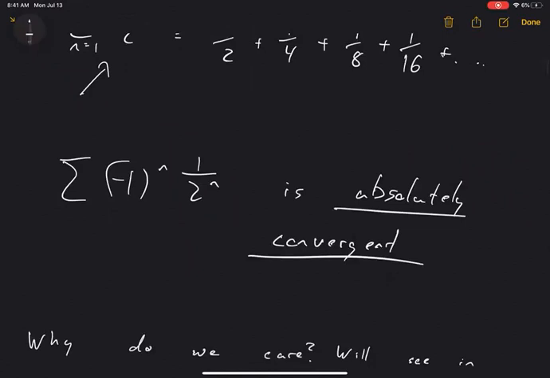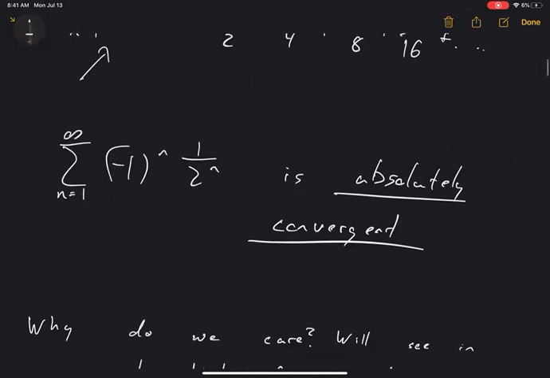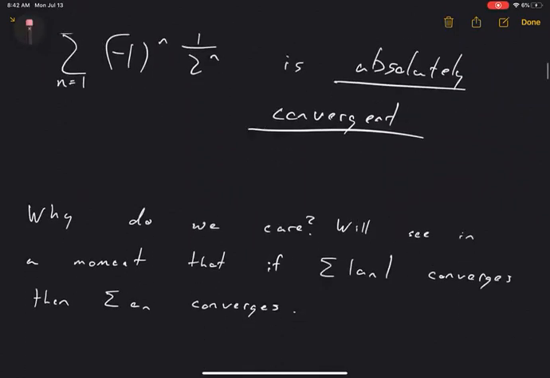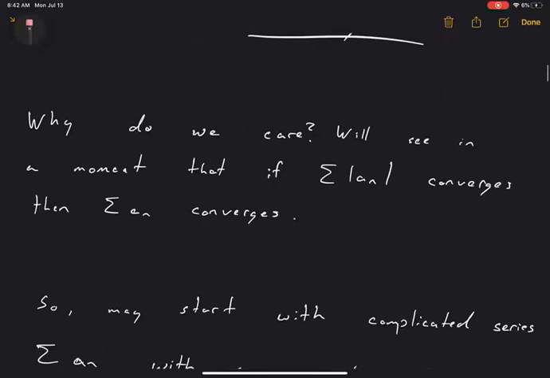We could think of this as meaning we have a series, maybe it's got some negative terms, and then when we take the absolute values, it's convergent. You might be asking, why do we care? Why are we taking the absolute values? Well, it turns out that we can get a lot of information about our original series by considering the series of absolute values.